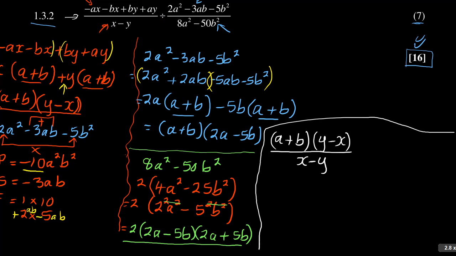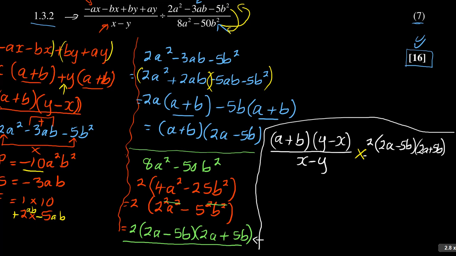Now the next important thing for you to look at is we have a division sign, but I'm going to change the division sign into a multiplication sign, and when I do that, the bottom will go to the top and the top will go to the bottom. So with that, I'm going to have the 8a squared minus 50b squared going to the top, which is the factorized version of that, which is 2 into 2a minus 5b and 2a plus 5b.